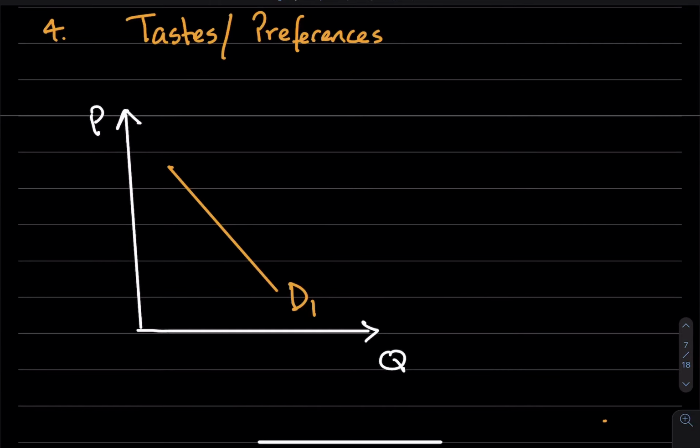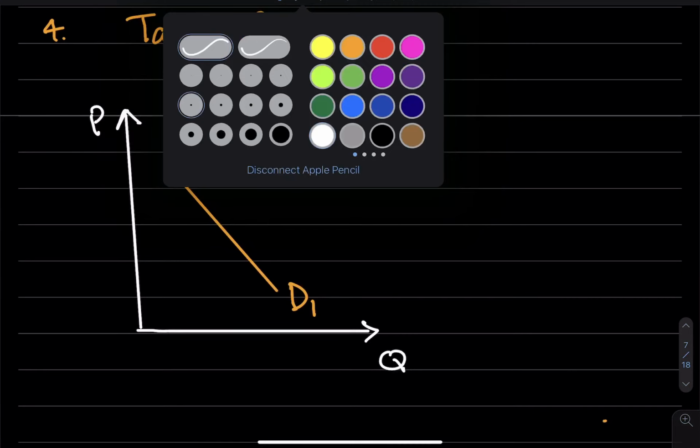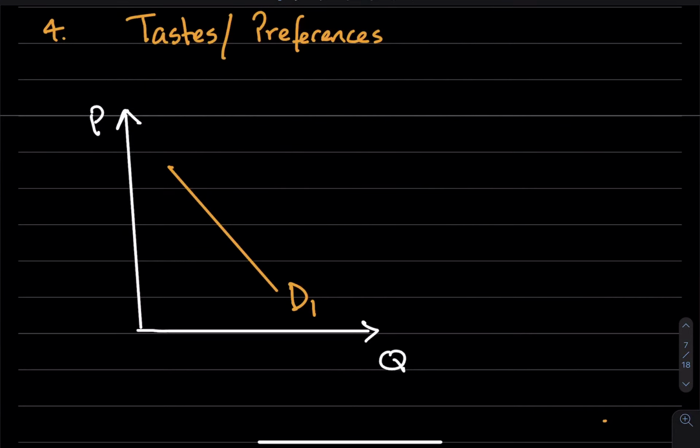The next factor is tastes and preferences. So this is less studied because it's very hard to determine people's tastes and preferences, but there are some interesting examples about this. So anything that causes a shift in tastes towards a good would increase the demand for a good. You can imagine that. So for example, in the 90s, the Atkins diet became very popular.